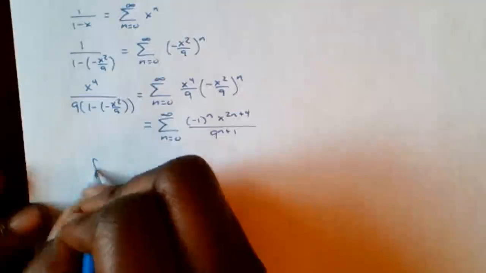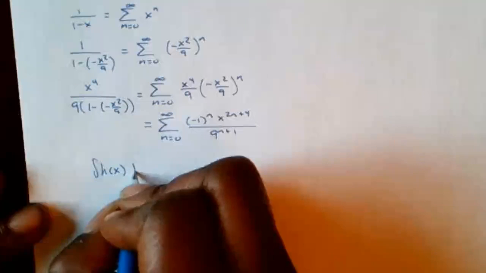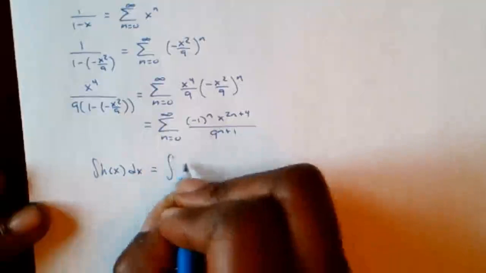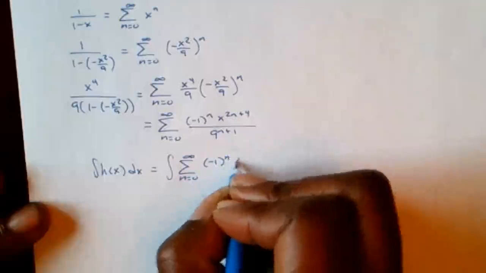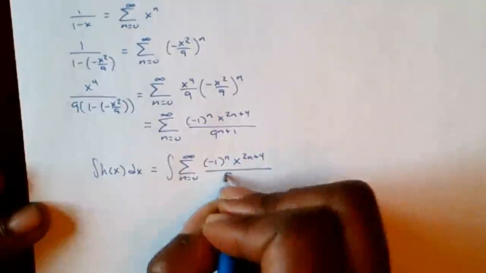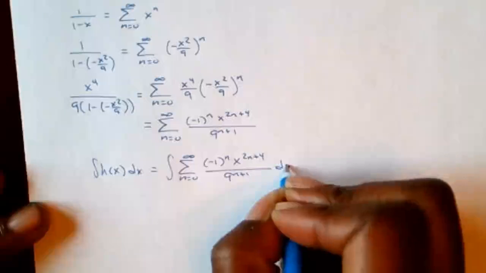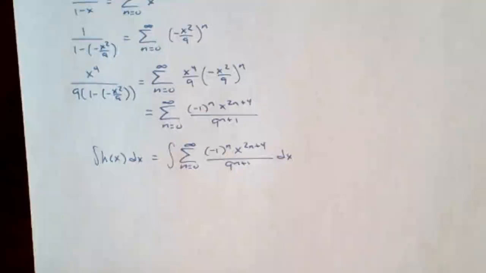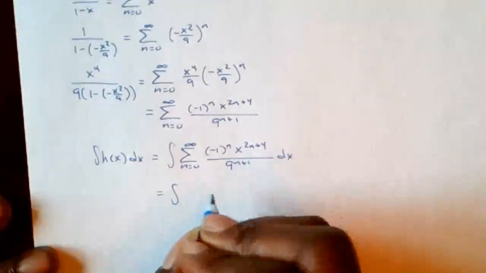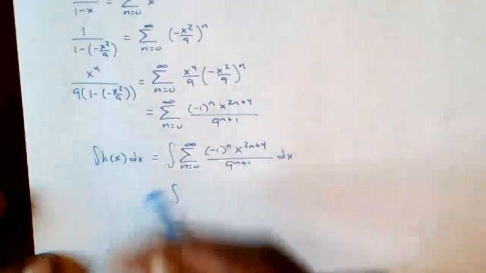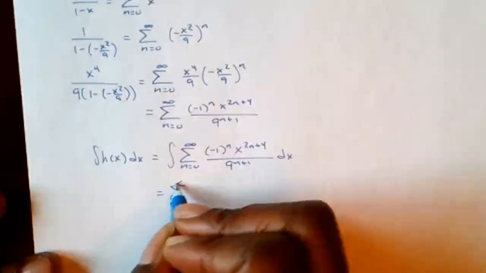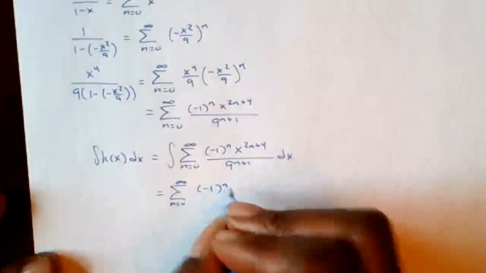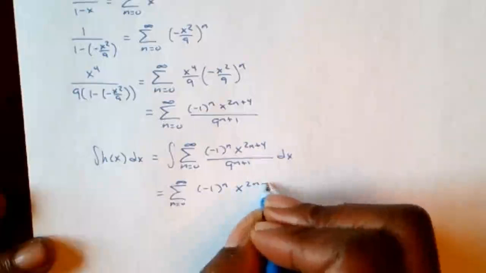All right, so now if I want to integrate that, I'm simply going to integrate that sum. And so remember, with integration, you add 1 to your exponent and then you divide by the new one. So I'm going to have the sum of negative 1 to the n, x to the 2n plus 5.